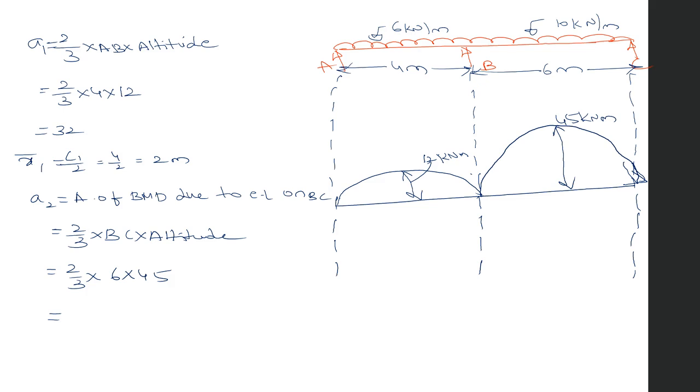Here A2 is totally 180, and x2 bar is also the same, L2 by 2, that is 6 by 2 equals 3 meters. So this is substituted in equation 1.